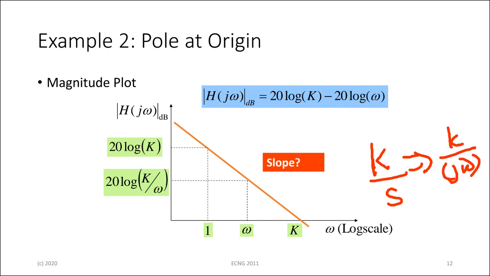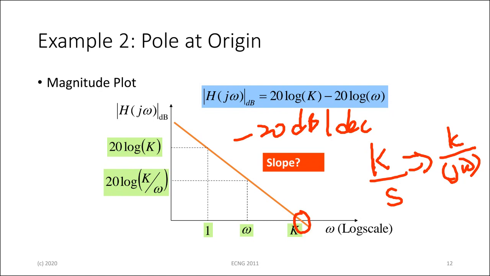And then you look at the magnitude of that, which, when you convert it to decibels, is 20 log k minus 20 log of omega. And you run that, then you get a straight line, and the slope is minus 20 dB per decade. And the x-axis intercept point, of course, is when omega is equal to k.